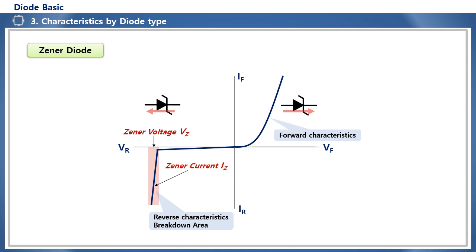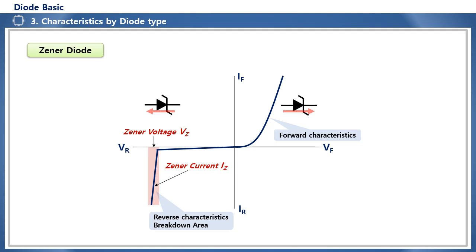The breakdown voltage in the reverse direction is called the Zener voltage, VZ, and the current at this time is called the Zener current, IZ. The Zener current, IZ, which is the standard for the reverse voltage, VZ, ranges from 0.05 mA to 20 mA, so you should refer to the datasheet depending on the Zener diode when designing.